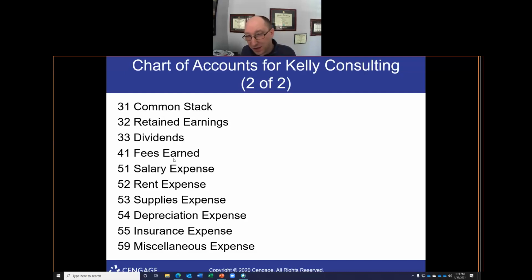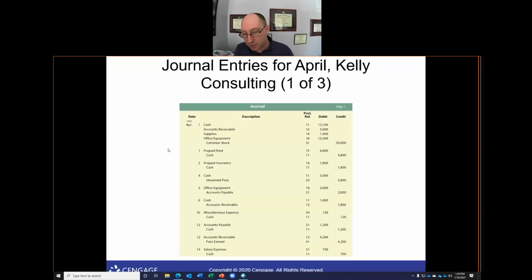In this case, it's fees earned. Why fees earned? Because this is a consulting business, a service business. If it were a retailer, it would say sales revenue. 5 is our expenses: salary expense, rent expense, everything expense, right? That is our chart of accounts for our consulting business. Everything starts with a chart of accounts. Every business has a chart of accounts.